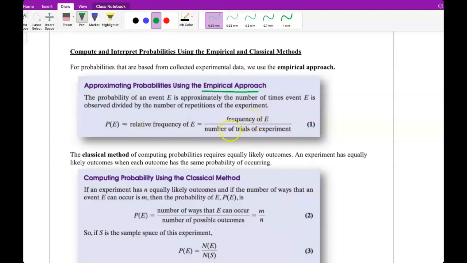And also we should find the denominator, the sum of frequencies. So here we have the same thing. The probability of this event is approximately equal to the relative frequency of that event, and that is equal to the frequency for each event on top, divided by the number of trials of the experiment, which is exactly the same as having the sum of the frequencies.